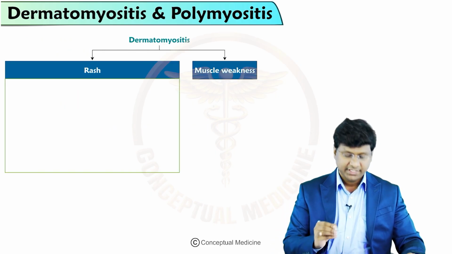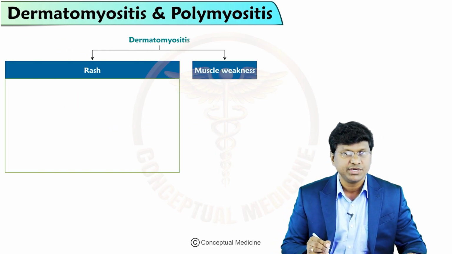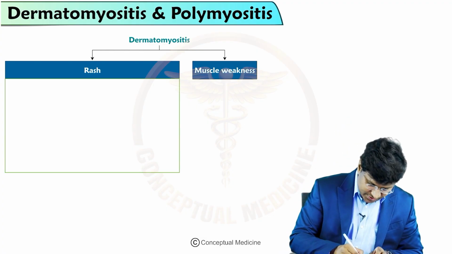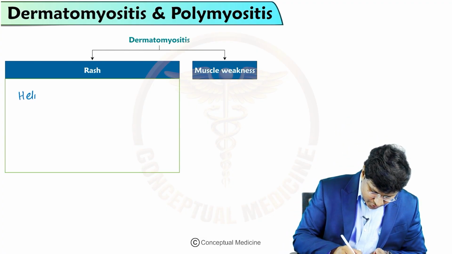Now, the characteristic rash in case of dermatomyositis will be a heliotrope rash.